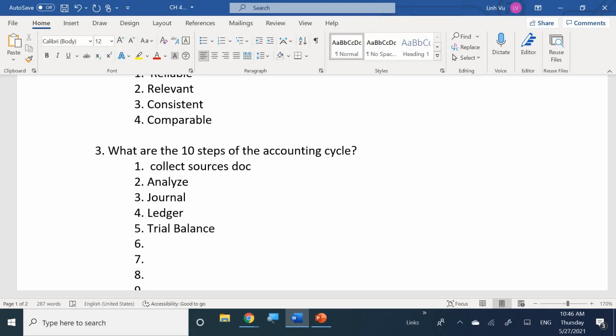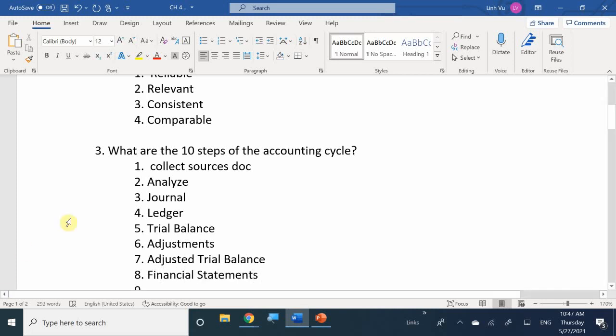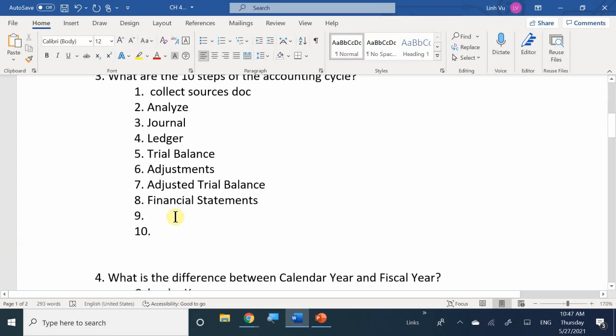Enter the adjustments. Prepare adjusted trial balance. And the last one was create financial statements.